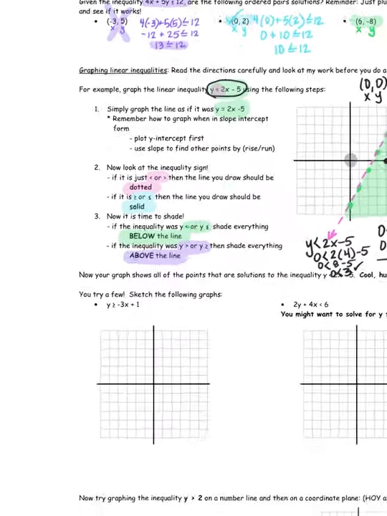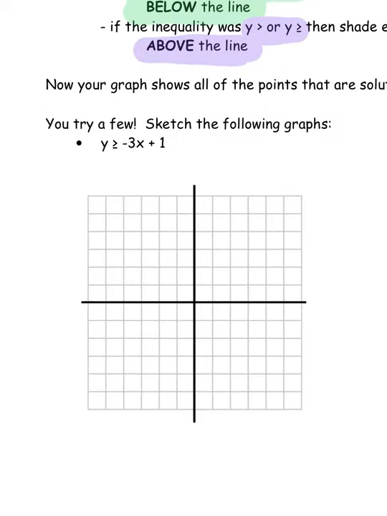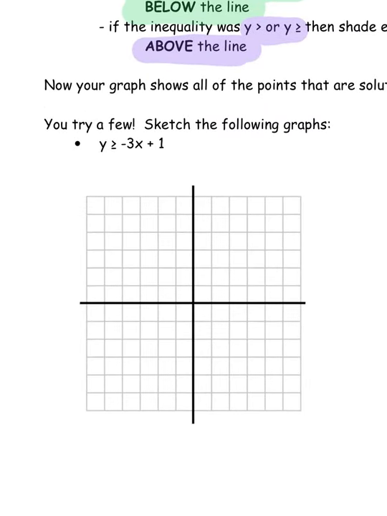So let's try a couple on our own. Let's look at this one. Sketch the following graph. Remember, the first thing I'm going to do is plot my y-intercept, which is 1. Right here it is. Now I'm going to plot my m and my b. My b is 1.